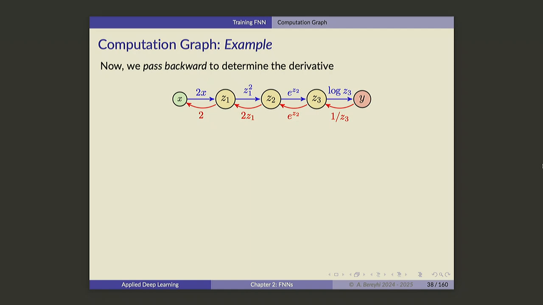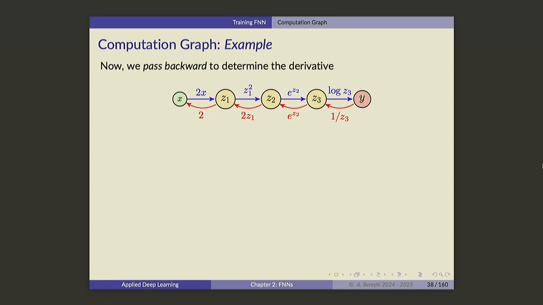Now, if I want to get back from y to z3, it means I want to know the derivative of y with respect to z3. I'm going to get this z3 and put it in the denominator, right? Because the derivative of log is 1 over the argument, right? So you have your original program, which was computing the way forward. Now you have your other program, which is defining the way backward, right? Everybody's clear?